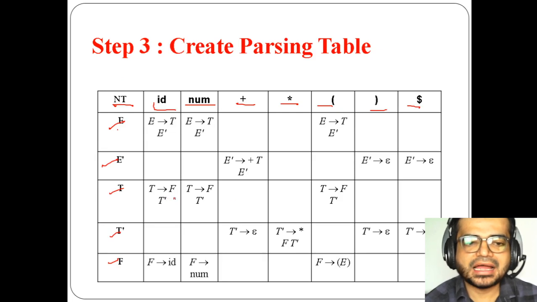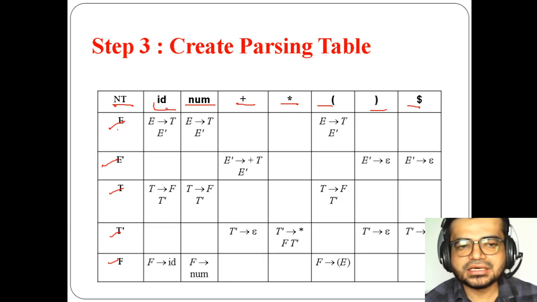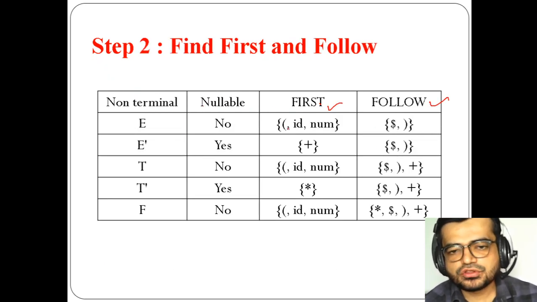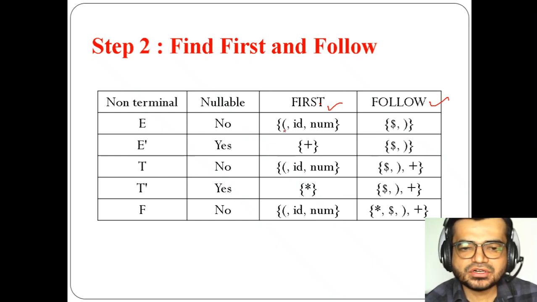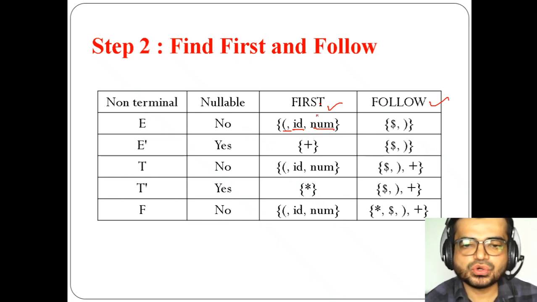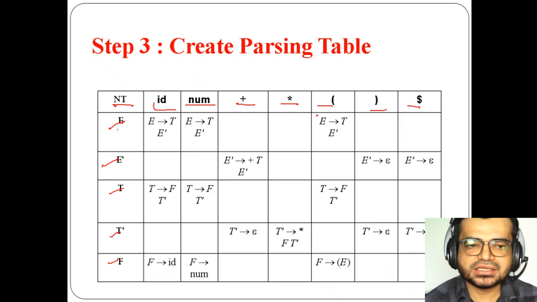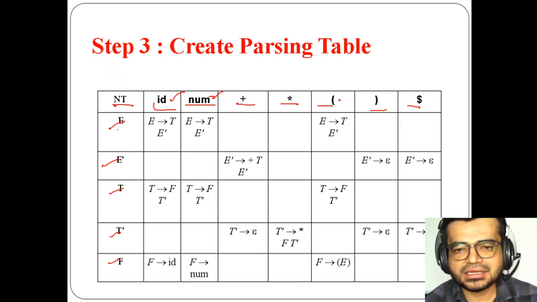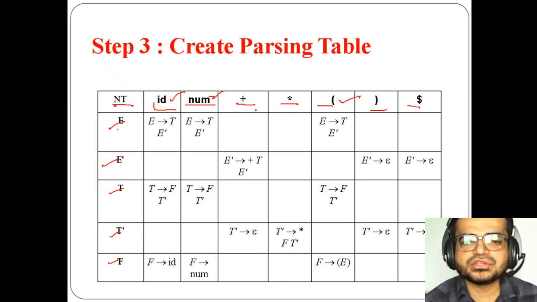Whenever an ID comes, or a number comes, you have to refer to the first. So for first, what are the tokens in E? Opening bracket, ID, and number, that is num. So there are 3 tokens: ID, number, and opening bracket. In these 3 tokens only we need to take the values.